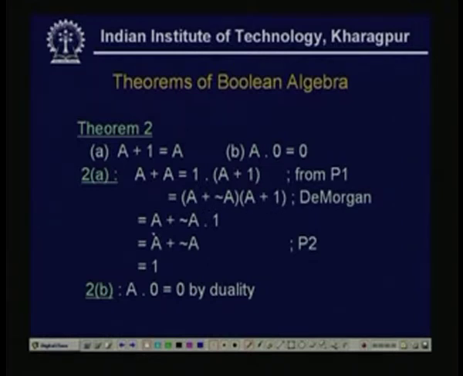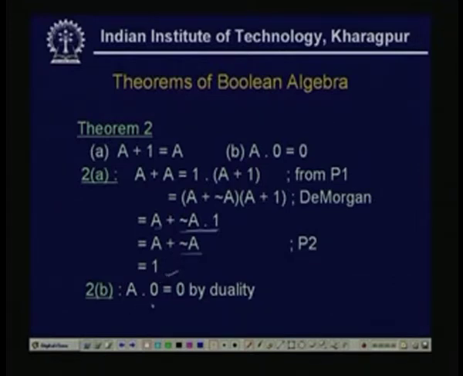Now, if we just distribute that thing, then this is A, then negation A dot 1. Now, negation A dot 1 is nothing but negation A. So, A plus negation A is 1.